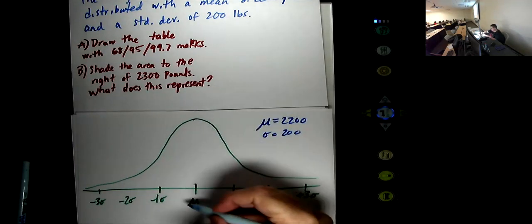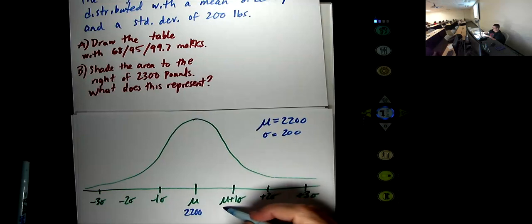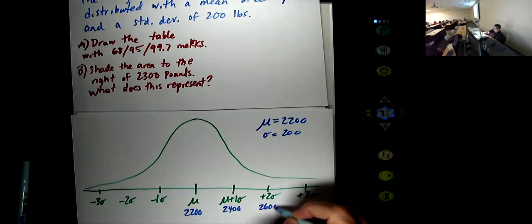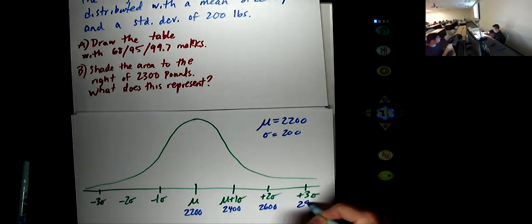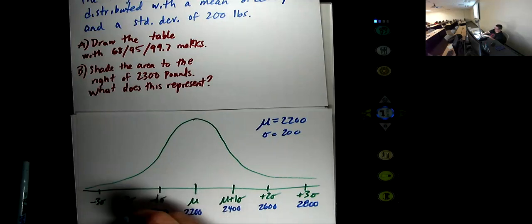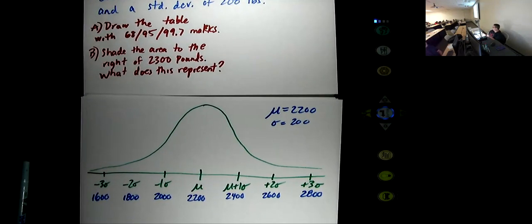So this puts this at 2200. And I add 200 as I go to the right, and I subtract 200 as I go to the left. This isn't too bad to do by hand, because it's like 22 and 2, moving by 2. It's even increments.